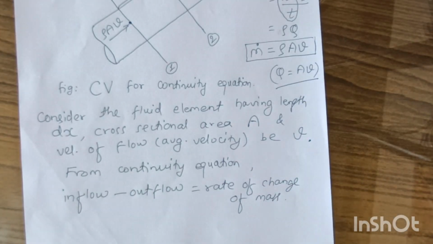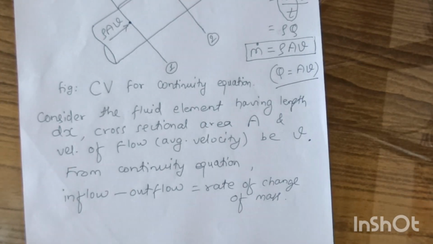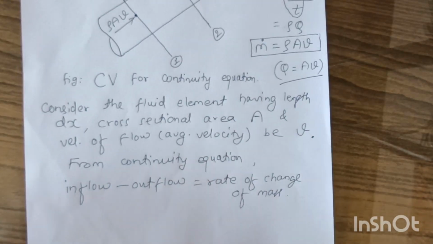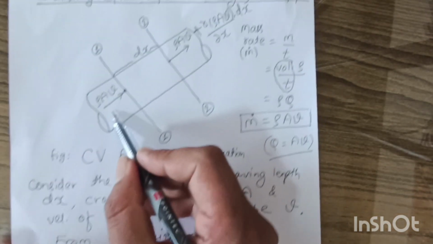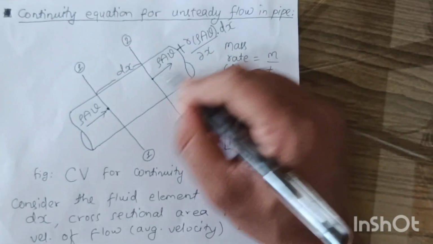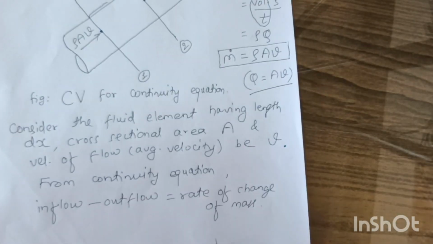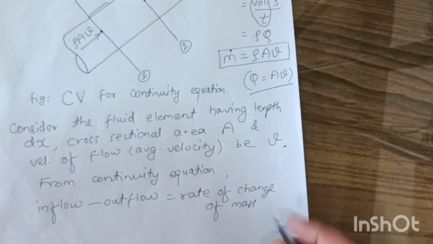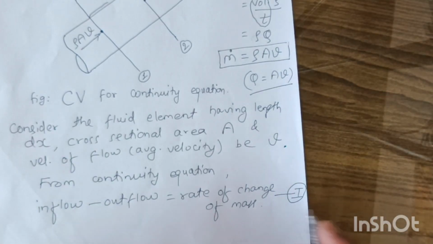By following the continuity, inflow minus outflow must be equal to rate of change of mass. So what is inflow? Inflow here is rho AV, and the outflow is rho AV plus del(rho AV)/del x into dx. And how can we calculate the rate of change of mass? This is equation number 1. Let's substitute all the values to get the expression.